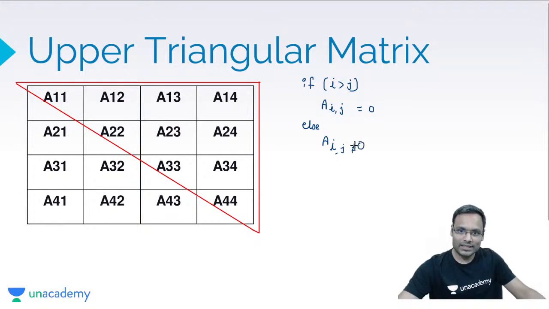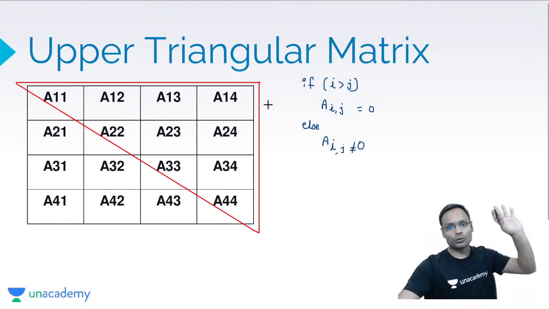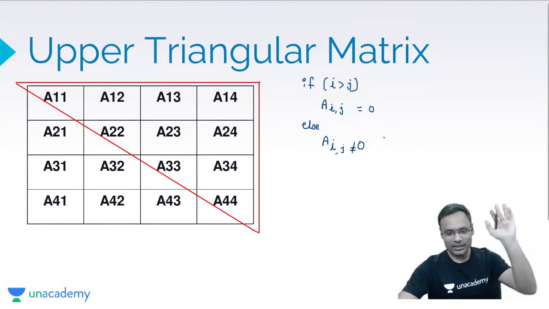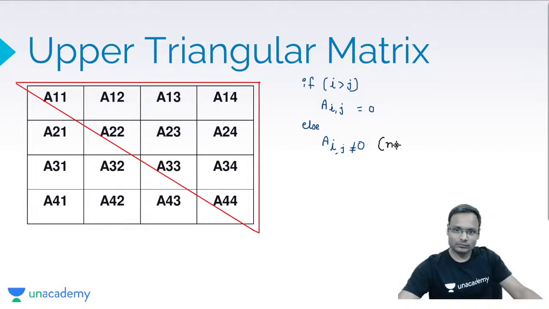When a of ij is non-zero, these elements only I will store. I only care about the non-zero ones. These elements are only stored.